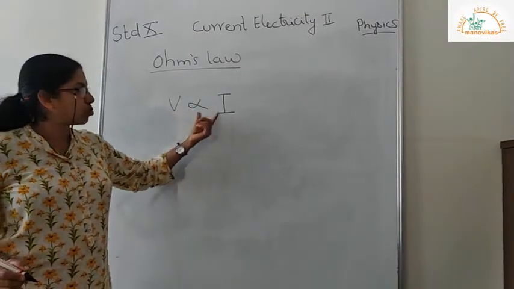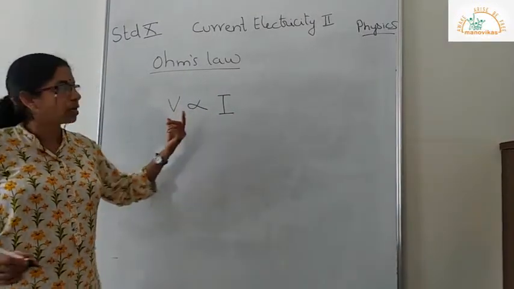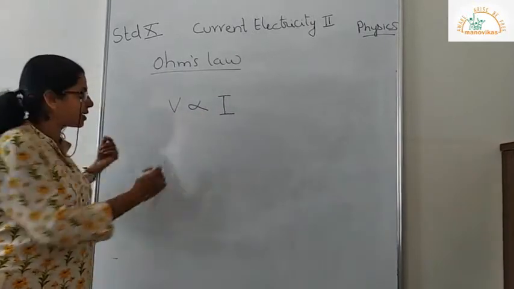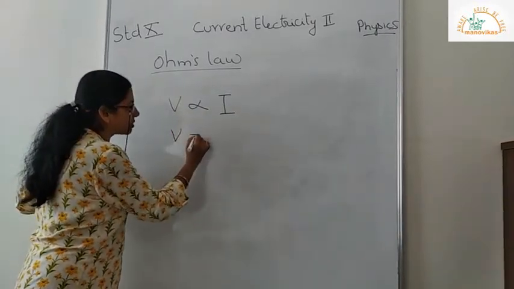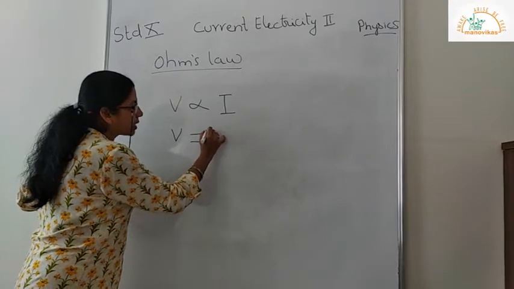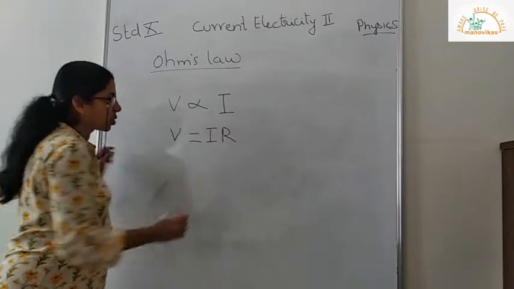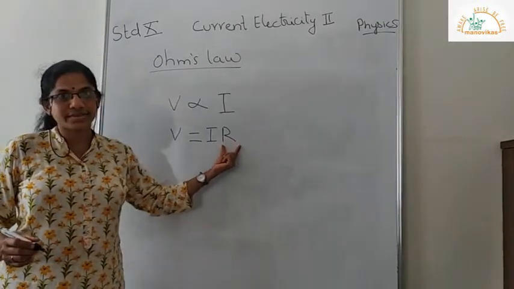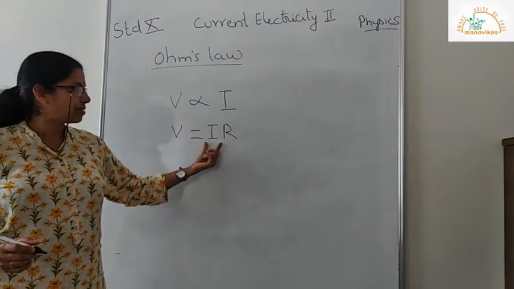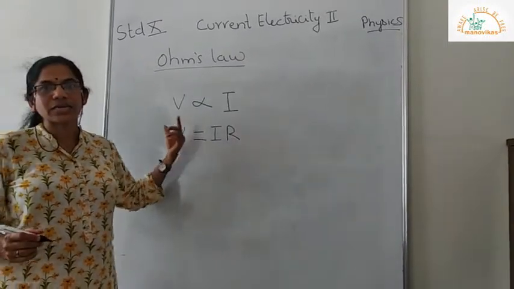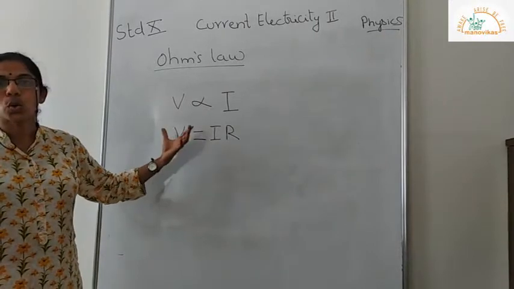If I remove the proportionality sign, I can write V is equal to I times R, where R is the constant, the resistance of the wire, I is the current, and V is the potential difference. This is nothing but Ohm's law.